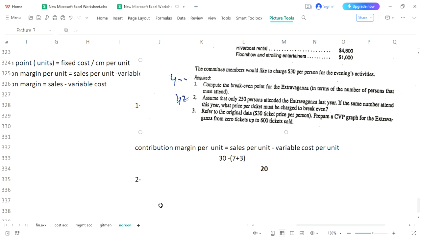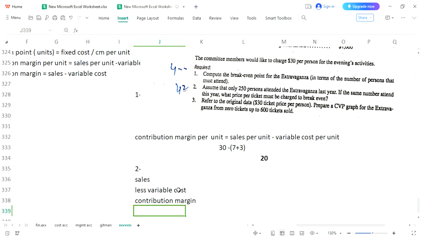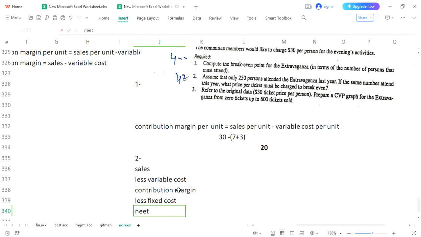The very first thing which we will write is your total sales, and you are going to subtract variable cost first. It would be contribution margin, and then you will again subtract your fixed cost, with which you will calculate your net margin.